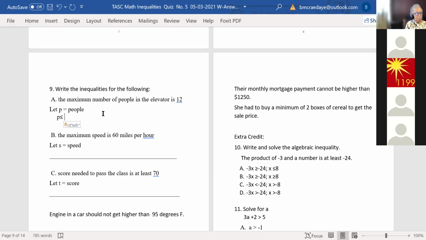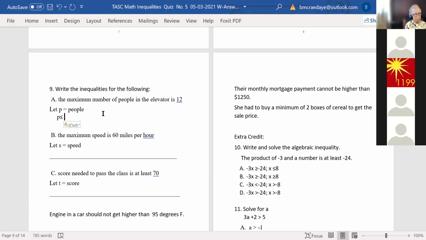Alva? Yeah, somebody was calling. Okay. Yeah, you're translating words. I'm translating some expressions into inequalities. And I said the maximum number of people in the elevator is 12. So if I had to write an inequality, would I use a less than or equal or a greater than or equal?